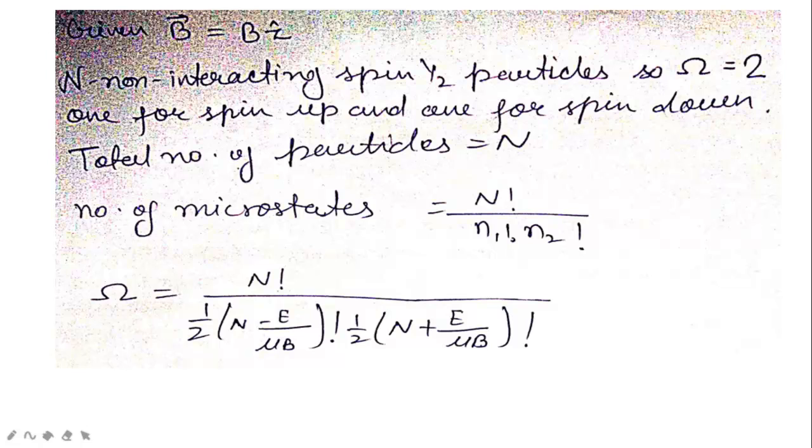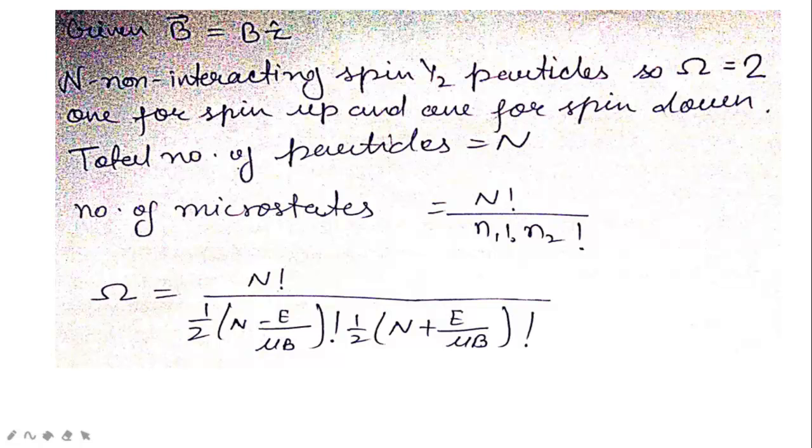So n non-interacting spin half particles are there. So the number of ways will be 2. Why? Because spin may be either minus half or plus half. Only 2 spins are possible. That is why 2 ways are possible for the spin half particles. So omega will be equal to 2.